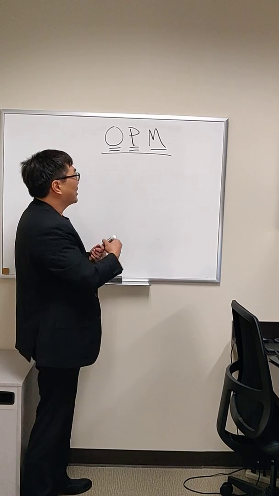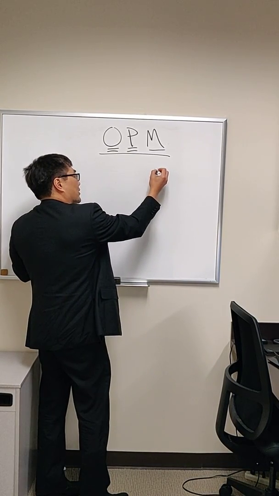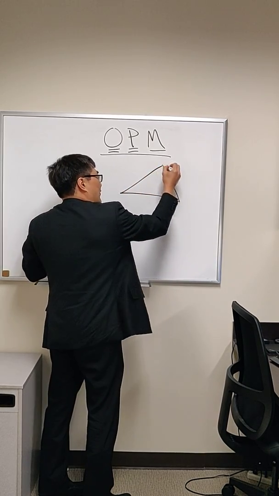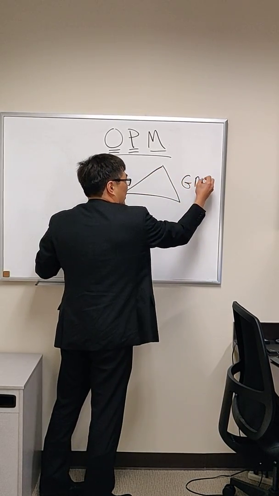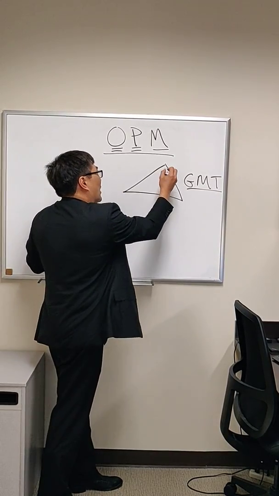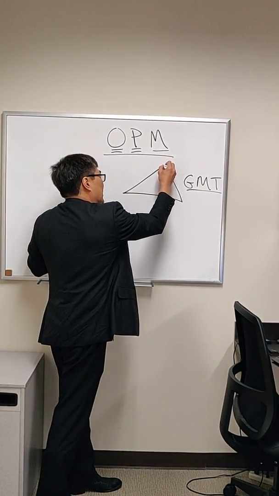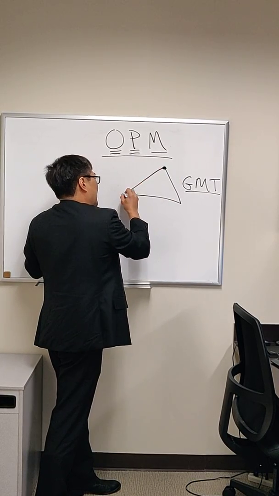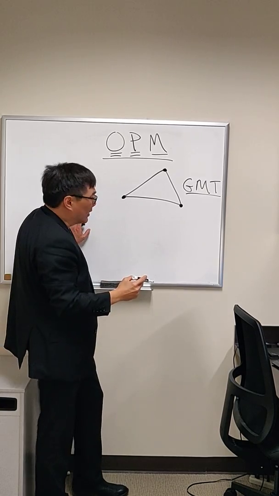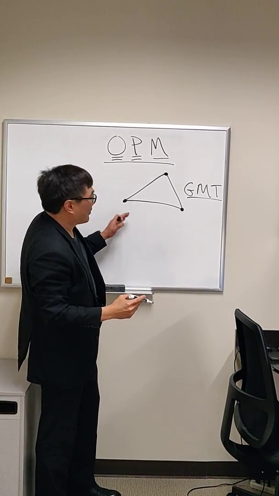This oculopalatal myoclonus occurs because there's a lesion in the brainstem inside of the Guillain-Mollaret triangle. The Guillain-Mollaret triangle is composed of the dentate nucleus in the cerebellum, the inferior olive in the medulla, and the red nucleus.